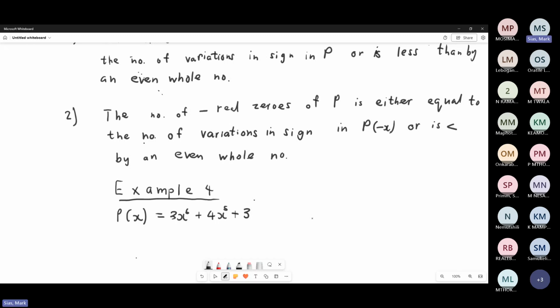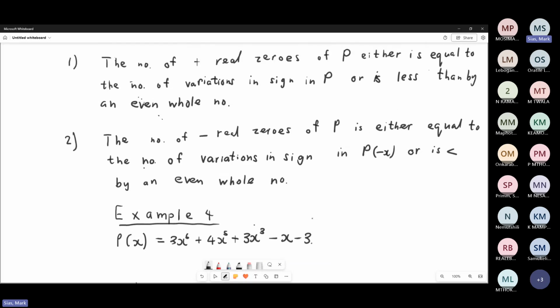Okay, guys, so there we have 3x to the 6 plus 4x to the 5 plus 3x cubed minus x minus 3, okay? So we have to use Descartes' rule of signs to determine the possible number of positive and negative real zeros of that polynomial, remember? So there's the rule.